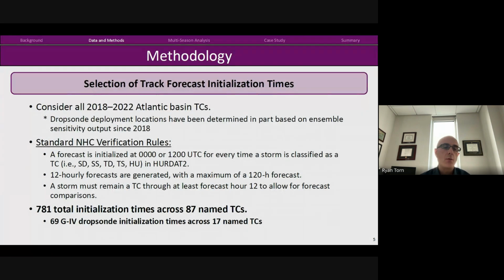And of those 781 initialization times, 69 of them are times where G4 dropsonde data was used, and that's across 17 storms. So we're going to be looking at the 69 G4 initialization times, a lot like what Sarah was just talking about, the direct impacts, and then comparing them to all initialization times during that period. Okay, next slide, please.